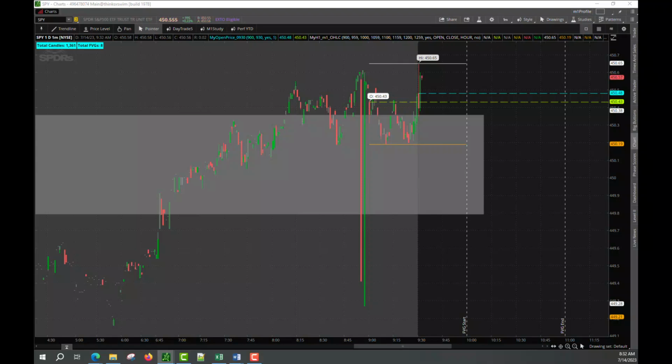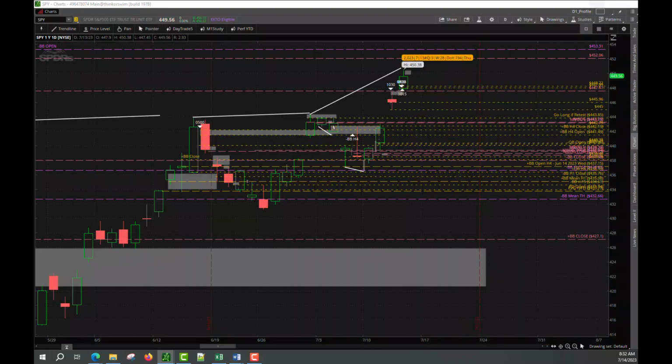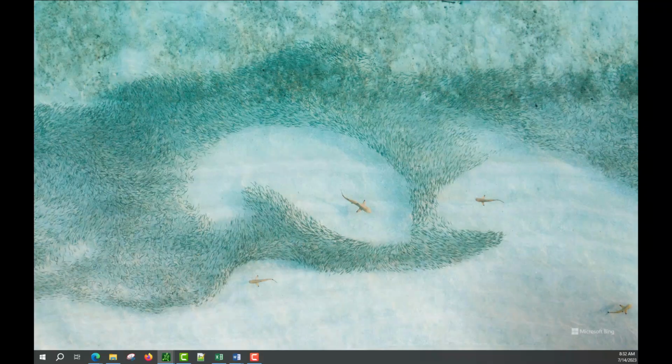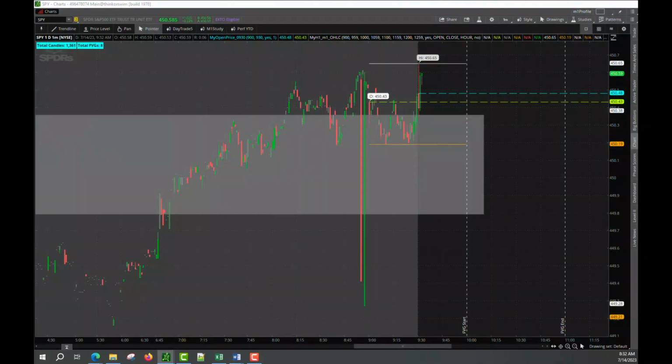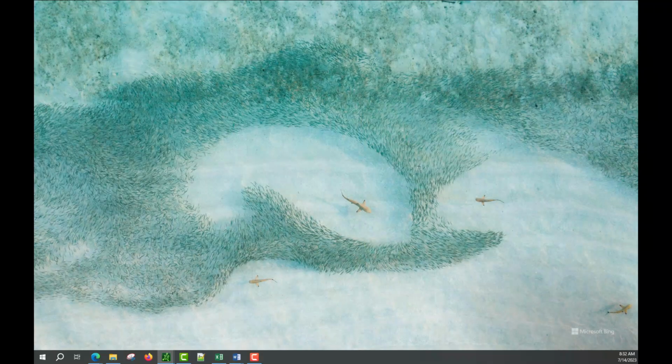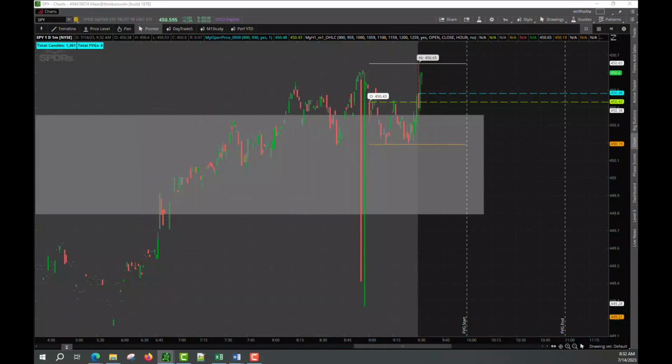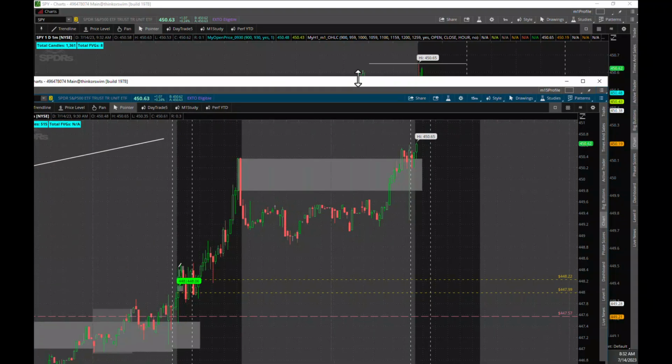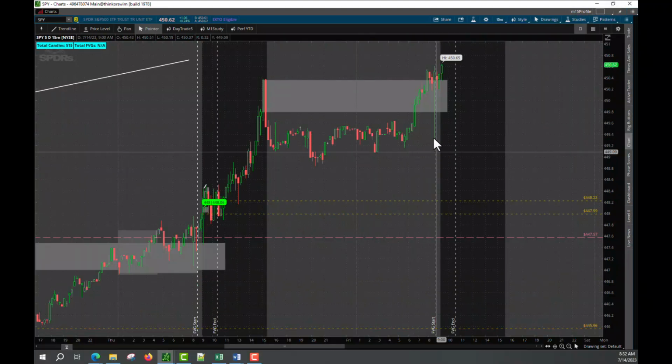Okay, let's go to our 15-minute time frame. Yeah, it went through, but it never closed. Okay, look at the 15 minute time frame.